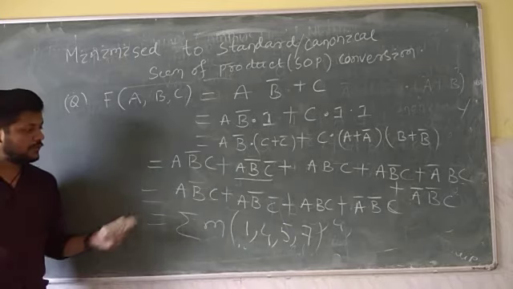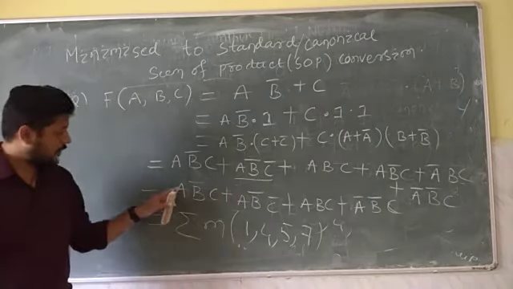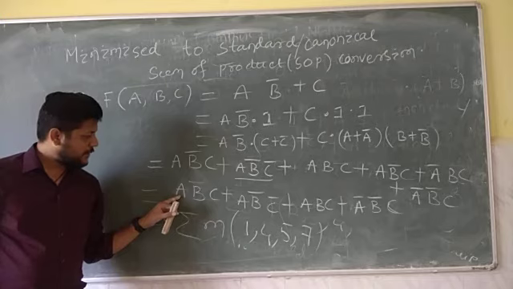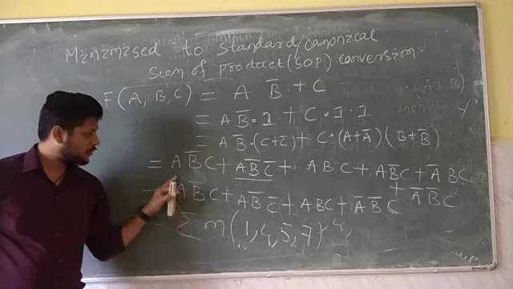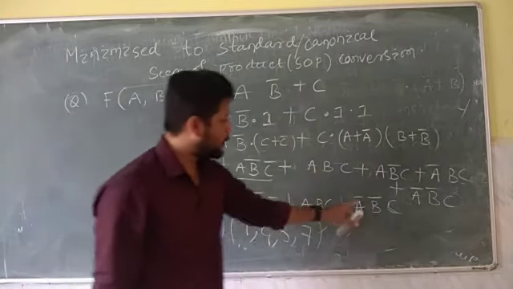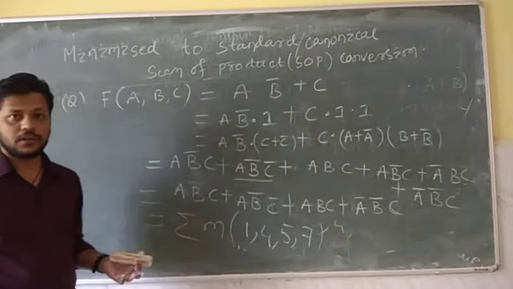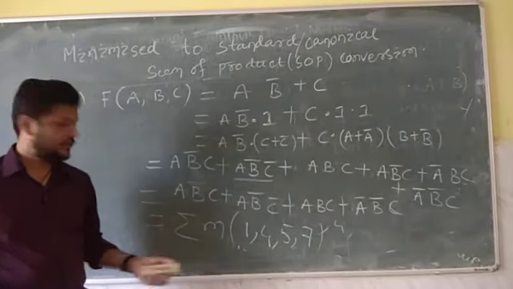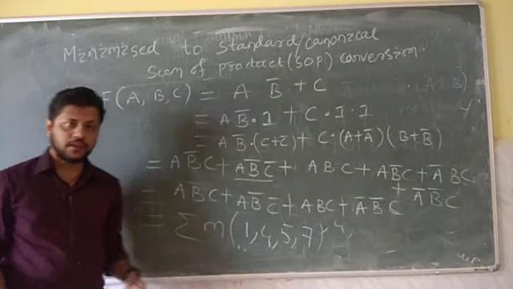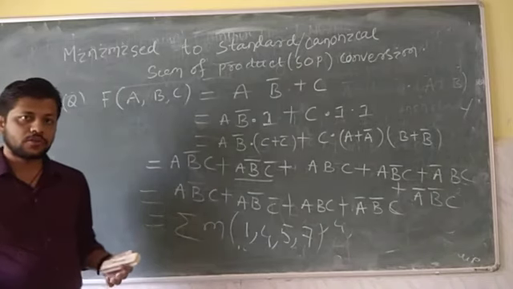So in this way we can write its min terms, 1 4 5 7. Variable means 1, variable bar means 0. So 1 0 1, 1 0 0, 1 1 1 and 0 0 1. In binary to decimal conversion, 0 0 1 means 1, 1 0 1 means 5.